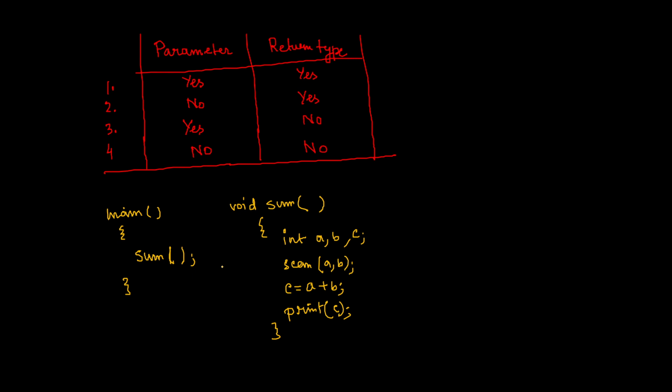Okay. So this is all about the concept of function. Now as a beginner, it's my suggestion that you must practice with various small and large problems using functions, in four different ways.